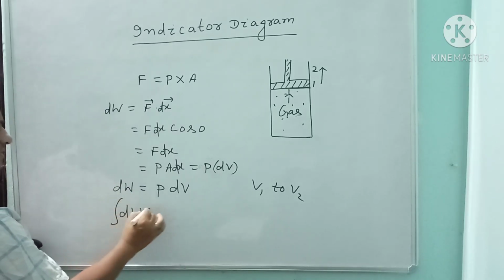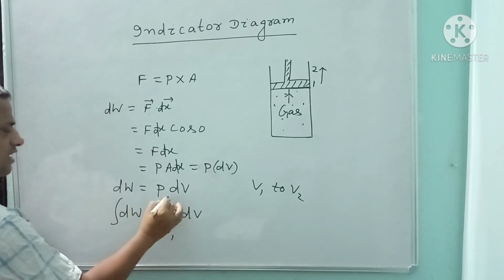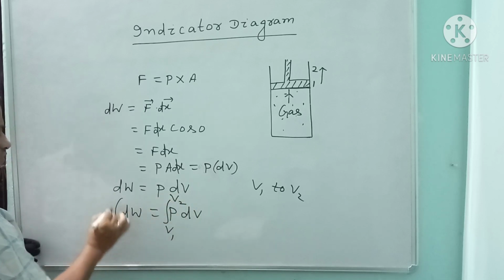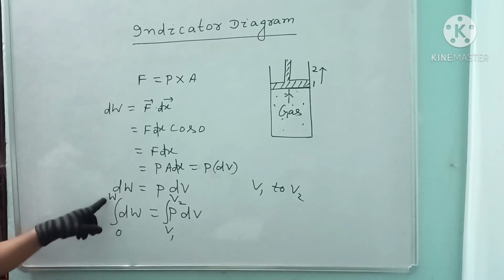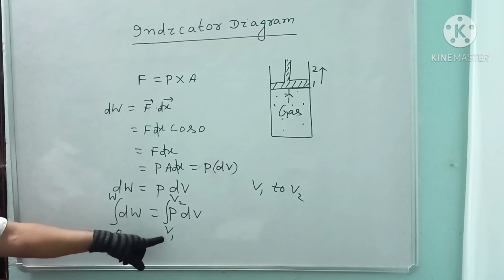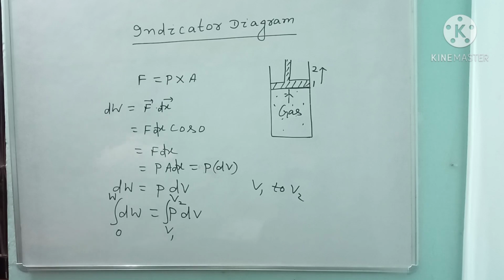Integration of dW is equal to integration of P dV from limit V1 to V2, and W from 0 to W. This is called lower limit, this is called upper limit. Lower limit means starting point. Work starts from 0 and its final is W, the total work done. Similarly, volume starts from V1 and ends at V2.